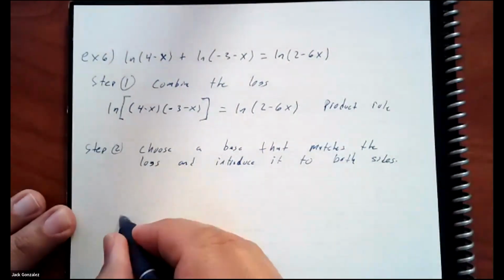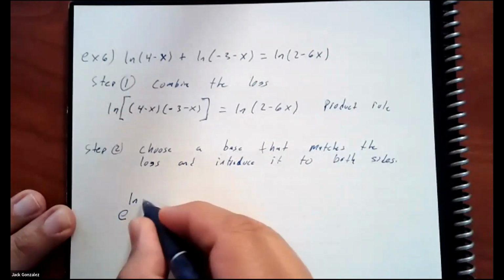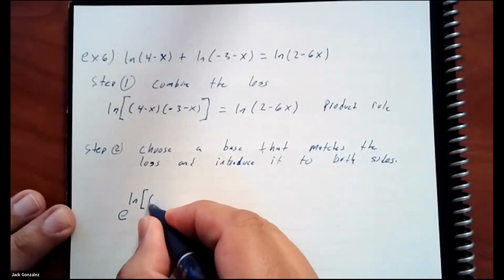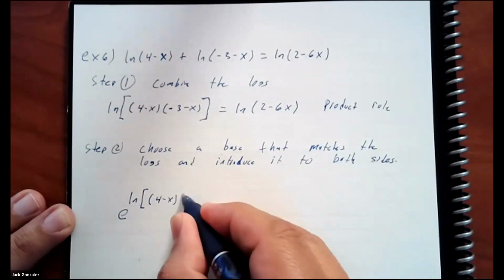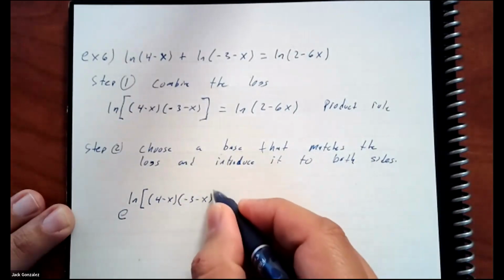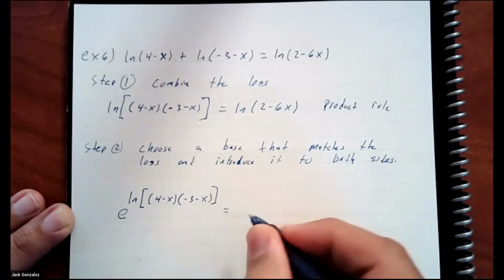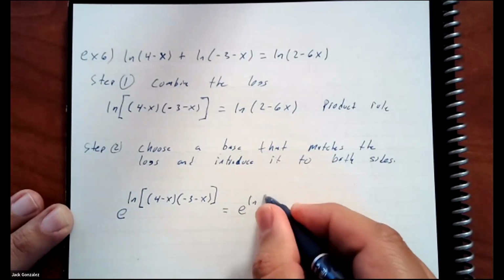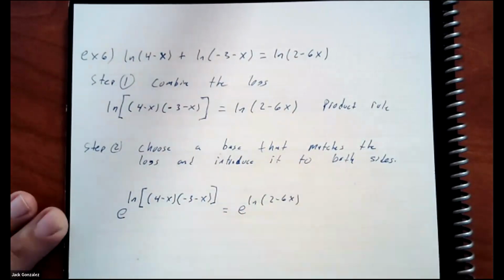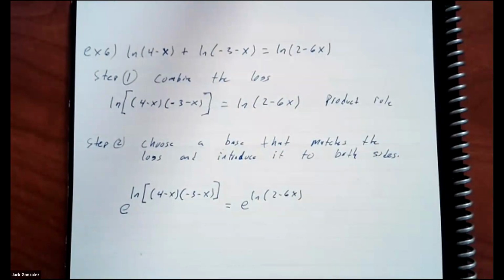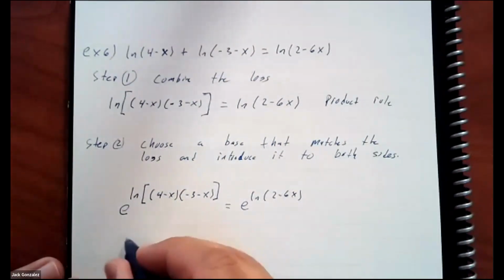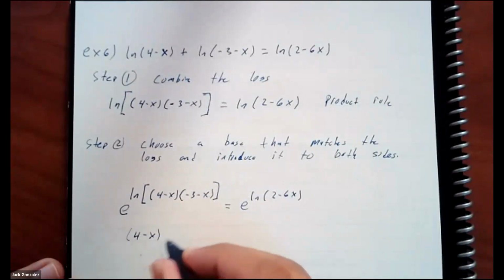So I'm going to choose e. This will become the power using property 2. So this cancels the ln's, and you're just left with this.